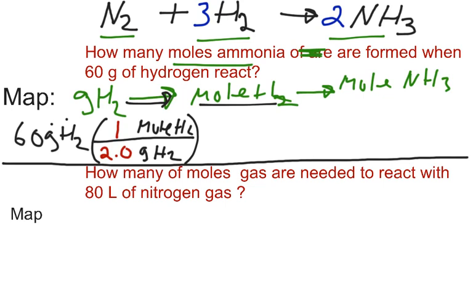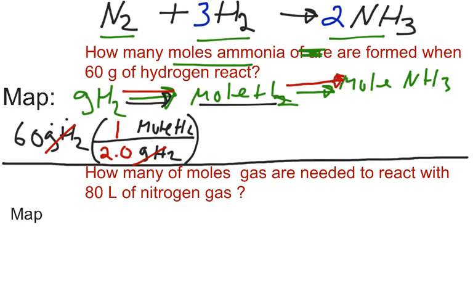Good. What's going to happen to the grams? They will disappear. And they're gone. Okay? Now, our problem is not done yet. We just went from grams to moles, right? Our next step is to go from moles to moles. All right? So we're doing a mole to mole conversion now.